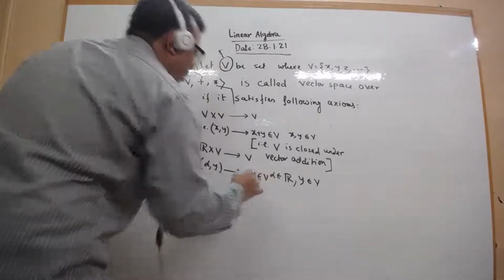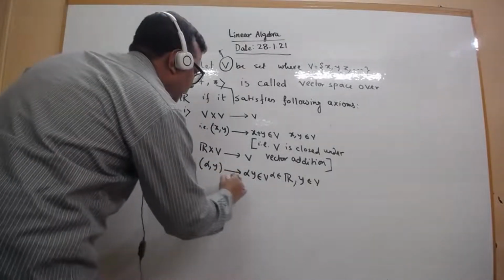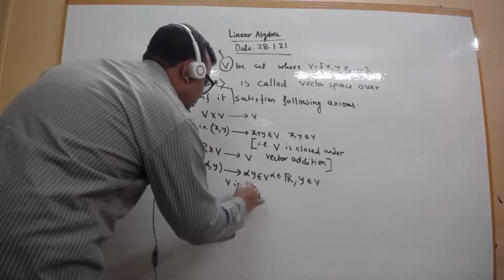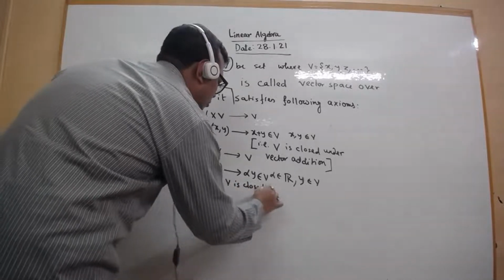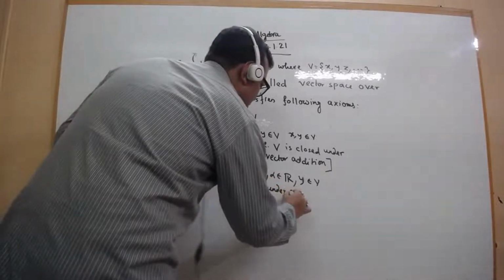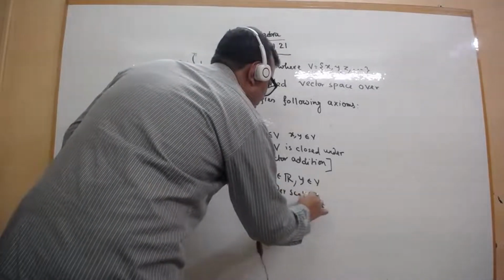If this alpha y belongs to V, then we say that V is closed under scalar multiplication.